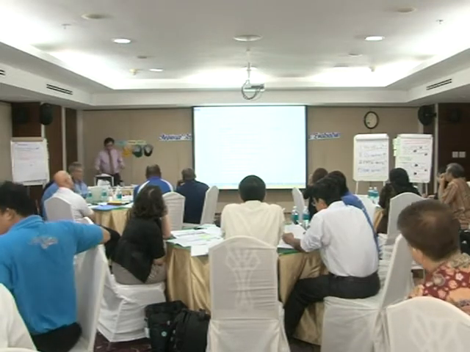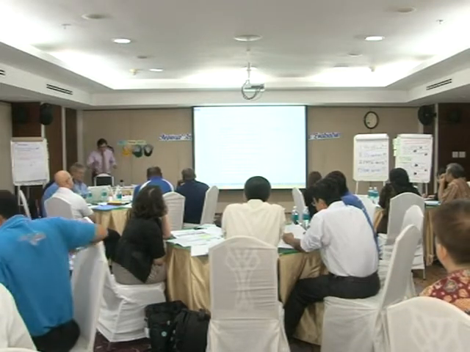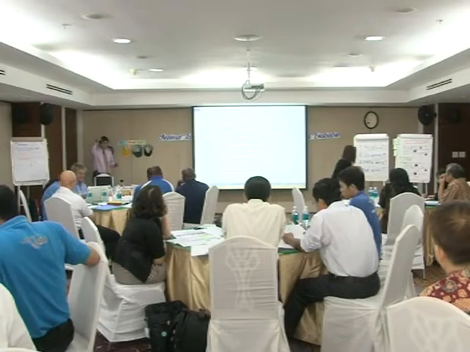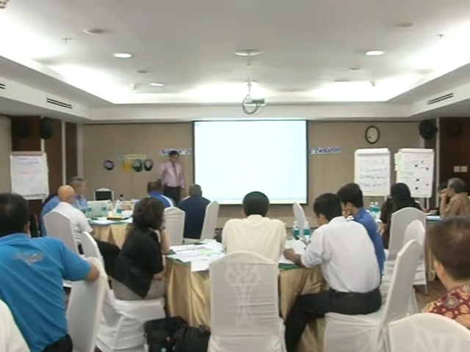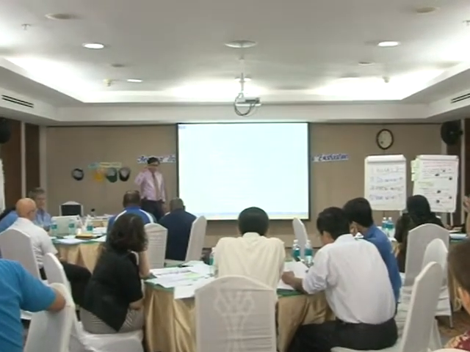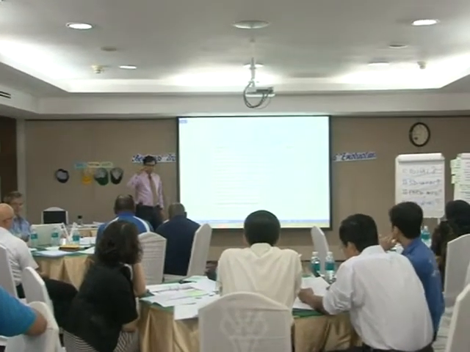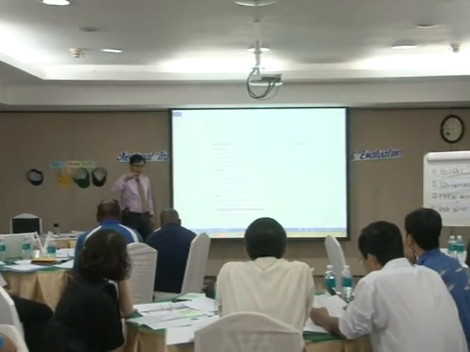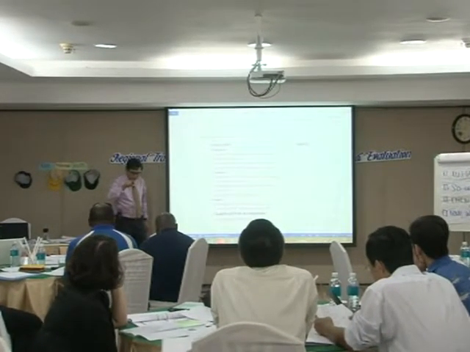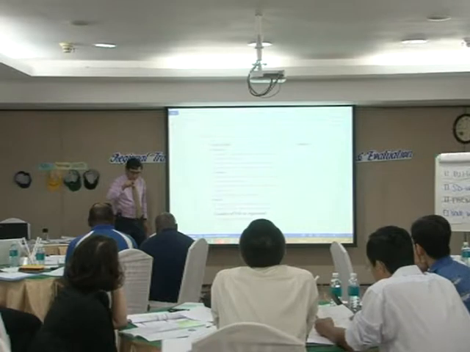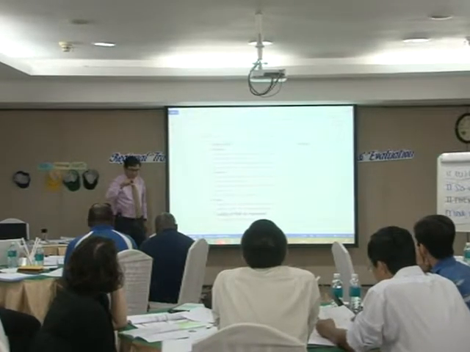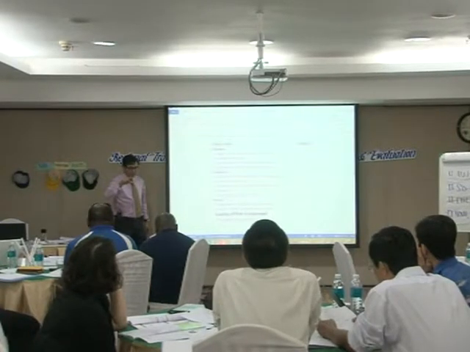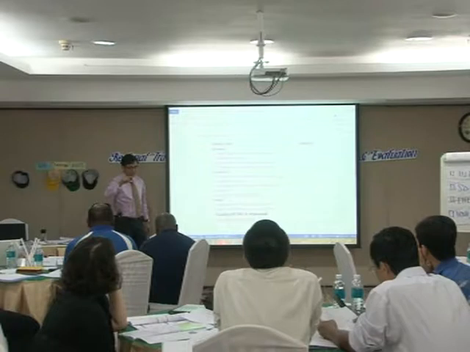This goal is a long-term goal. It's not only after the fishery management plan is implemented. When we look at the goal, it may not link. But this goal is linked to the effectiveness of the implementation of the plan.